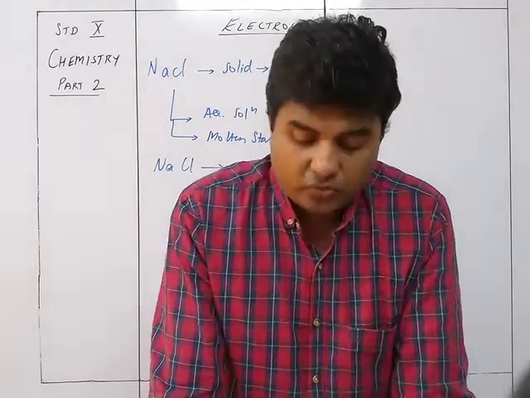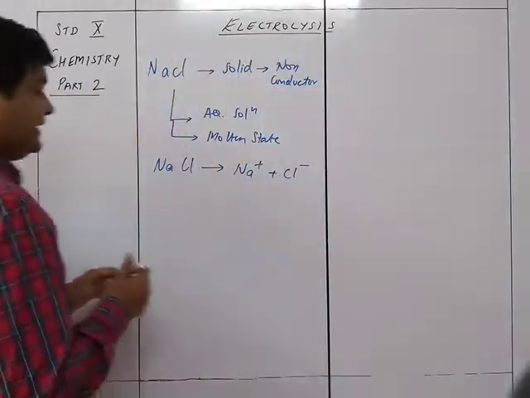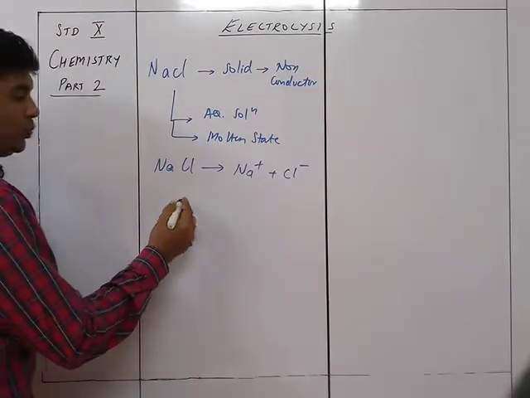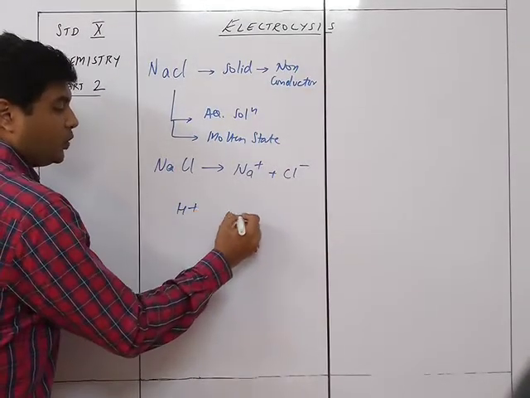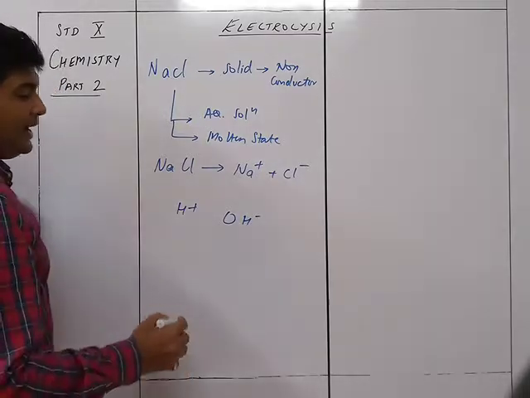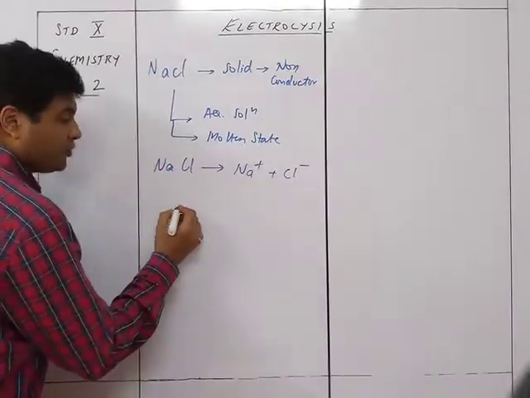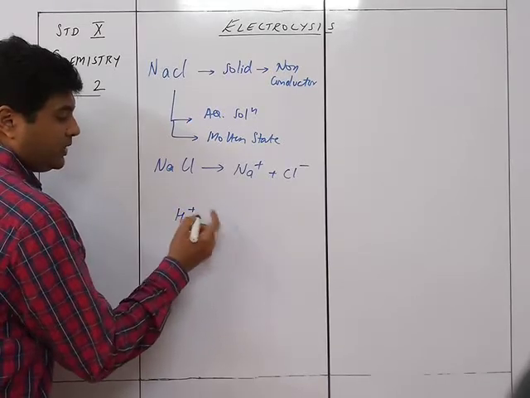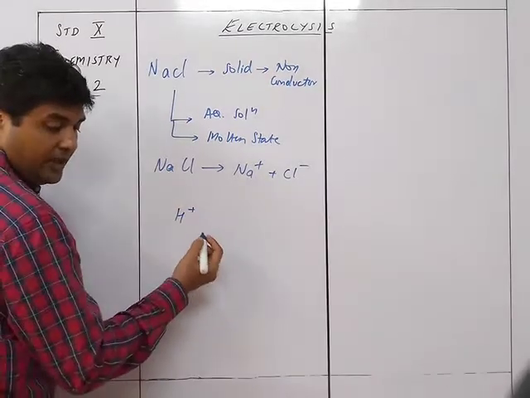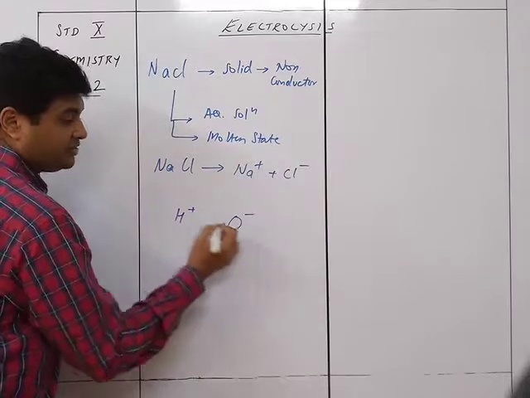So that is what is going to happen with this NaCl and water. Sorry, not H plus and OH minus. The water is going to have hydrogen slightly positive in nature, and oxygen differentially negative.